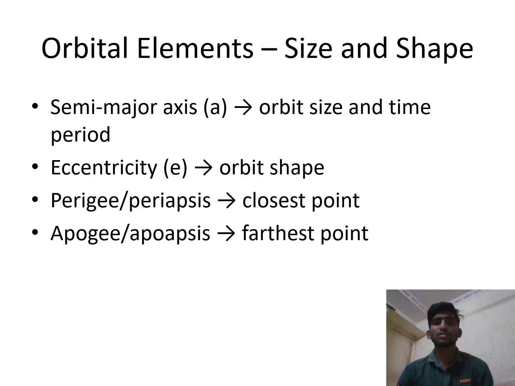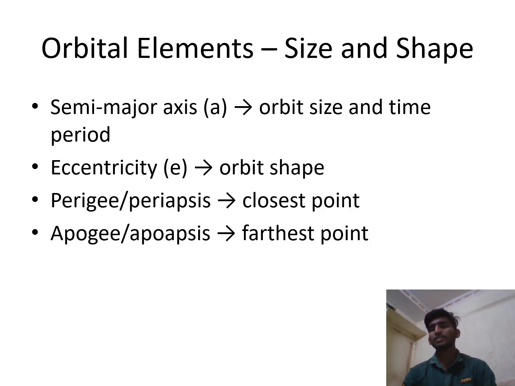Let's move on to the next slide. Orbital elements like semi-major axis, eccentricity, perigee and apogee. The longest length in the horizontal direction of the orbit is the major axis, and half of that is the semi-major axis.